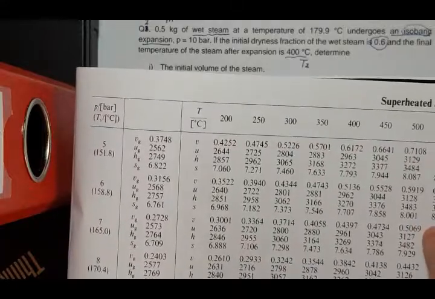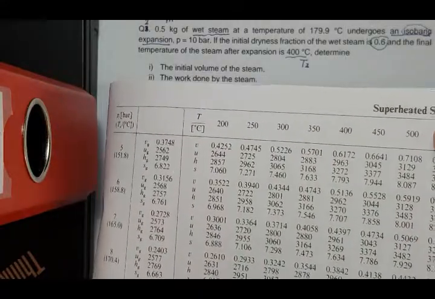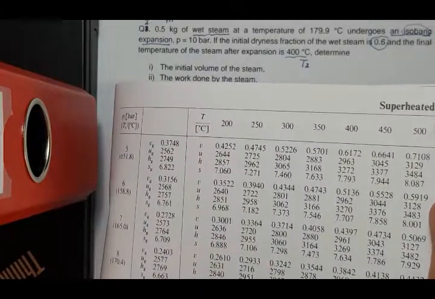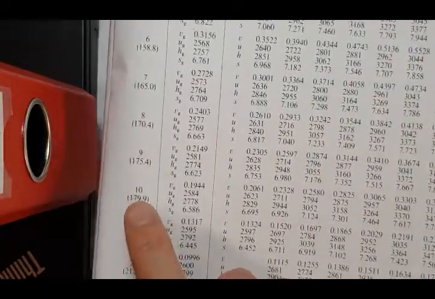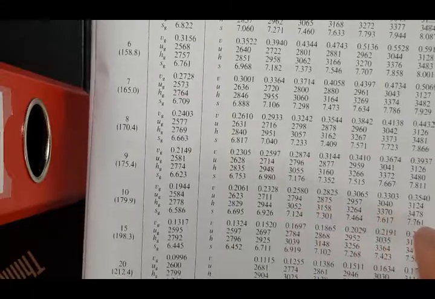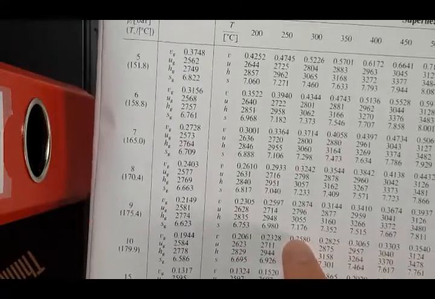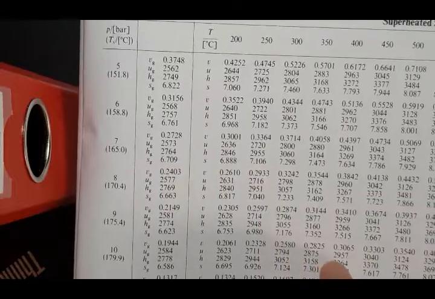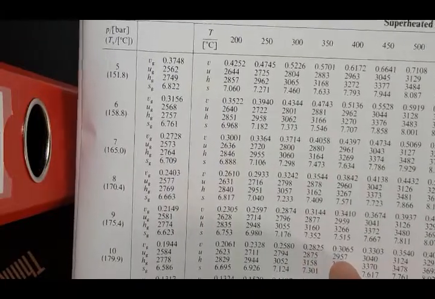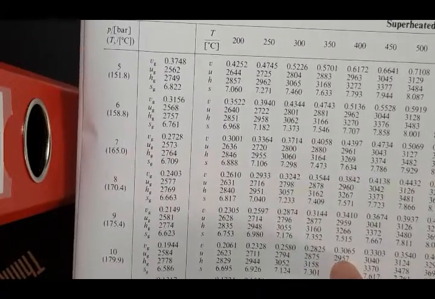So here you can see I'm using superheated steam, and 10 bar is here, so we're using this one. Also we need to find the proper temperature, which is 400. So 400 is here, and then we're looking at v.